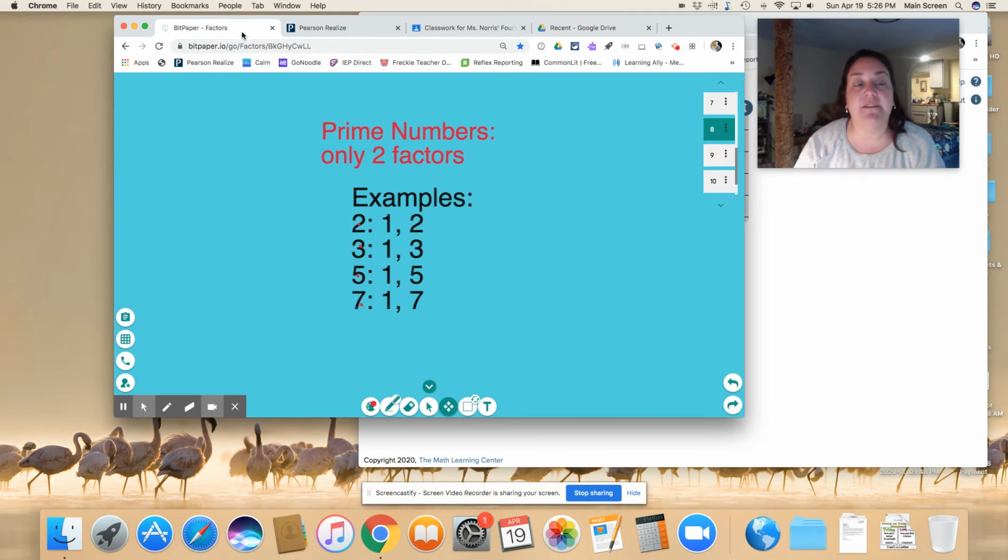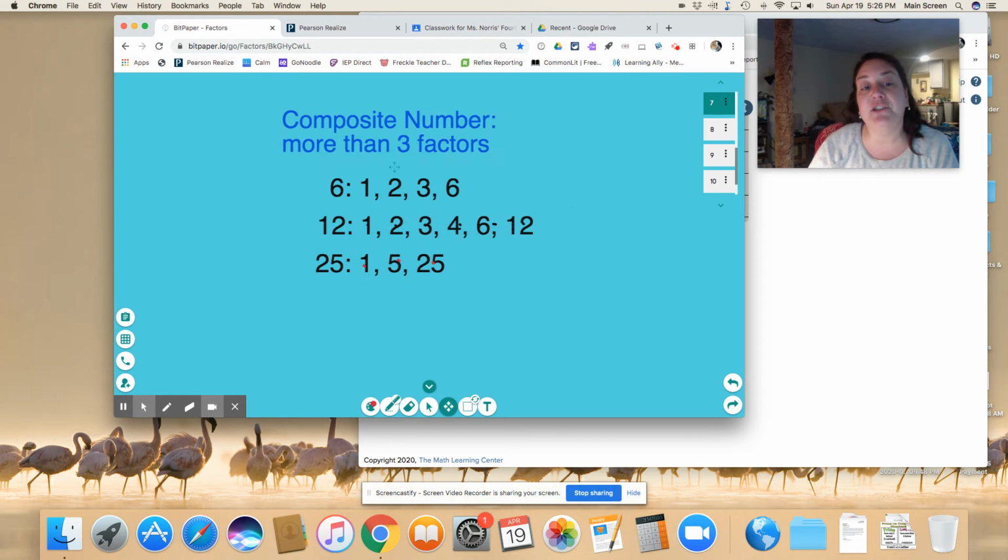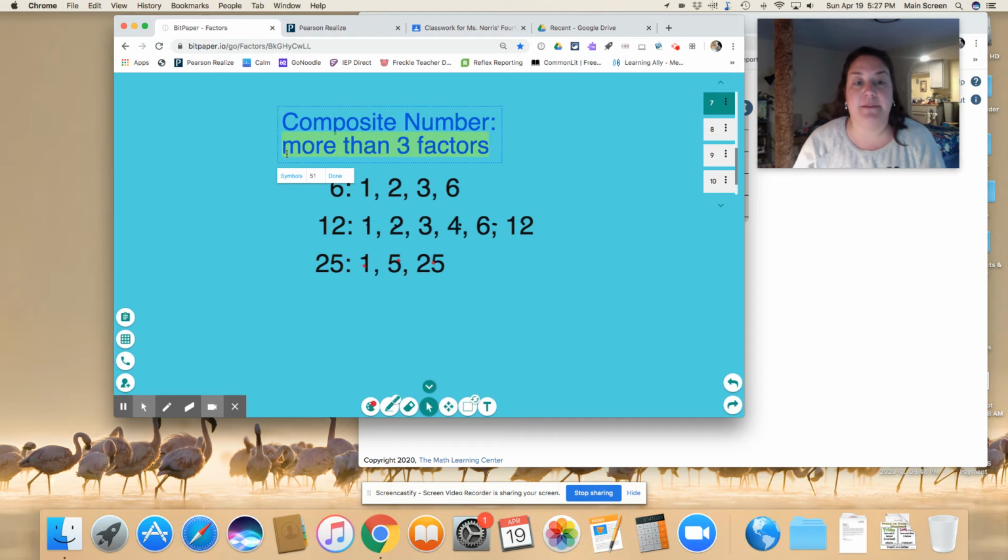We go back to the lesson that I showed you. Composite numbers have more than 3 factors. This should be 2 or more factors. I should actually have this saying... let me fix it. Okay.